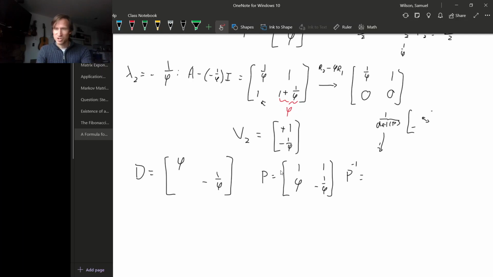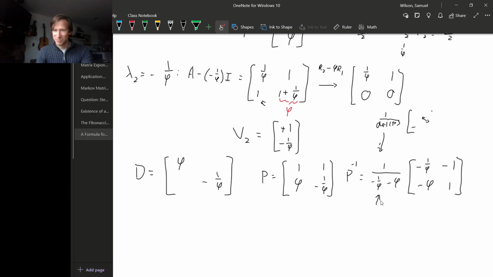So what is the determinant of P? Well, it's 1 times minus 1 over phi, so that's minus 1 over phi, minus the other product, so minus phi. And now we switch on the diagonal, so minus 1 over phi and 1, and then off the diagonal we put on minus signs, so minus 1 and minus phi.